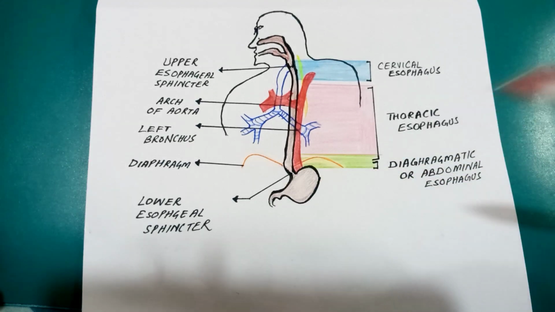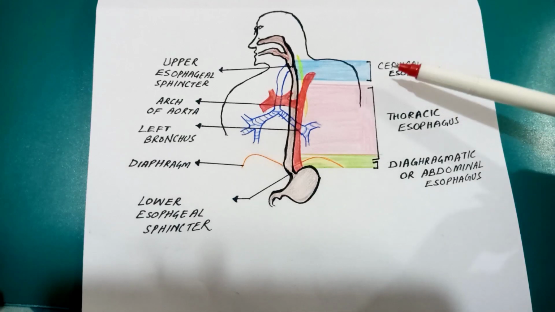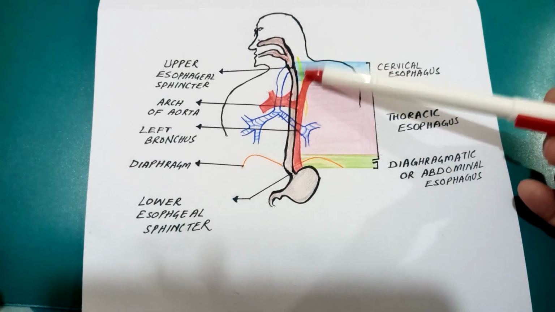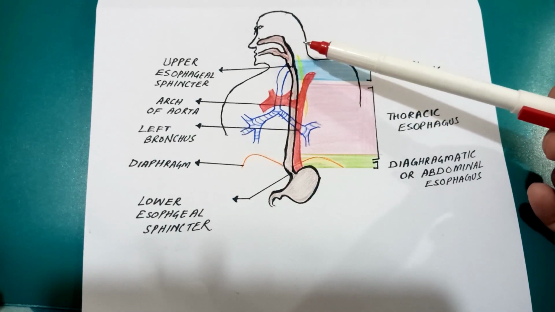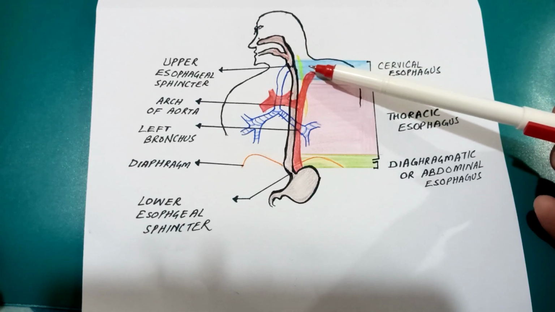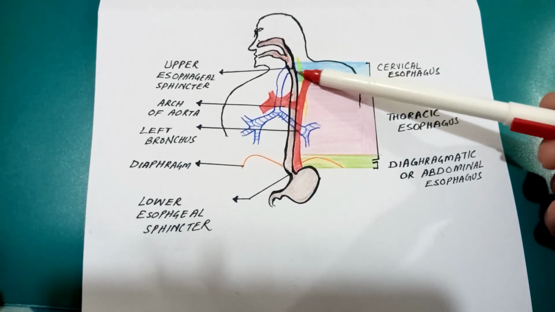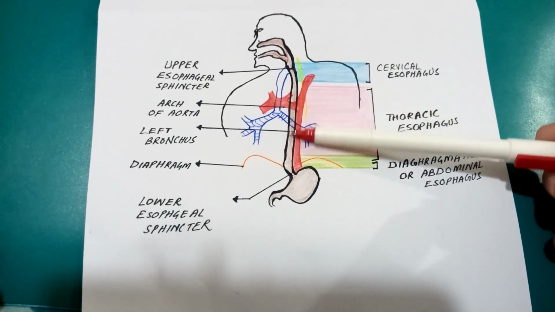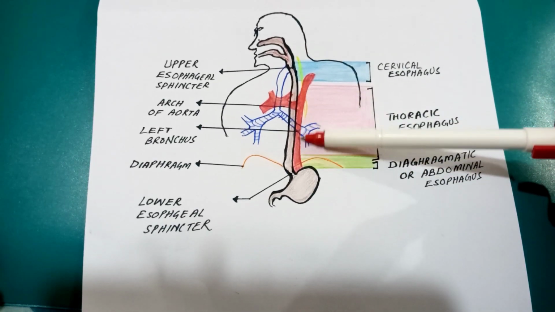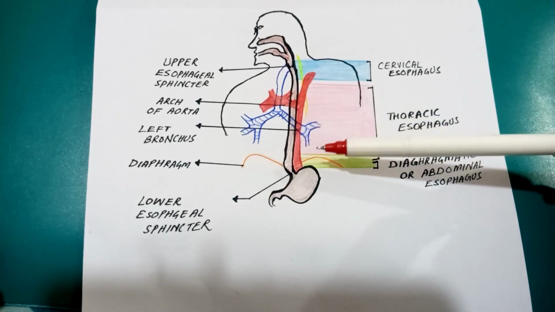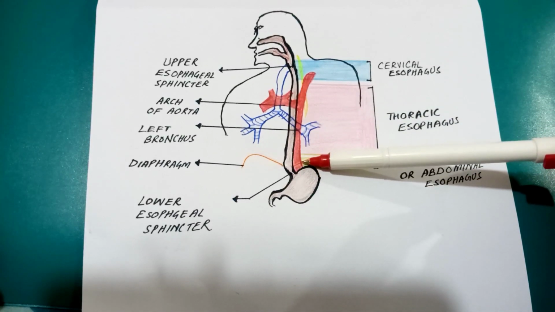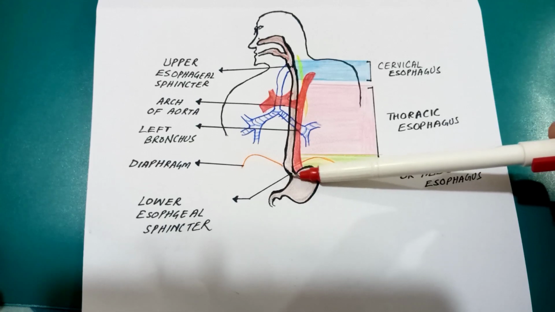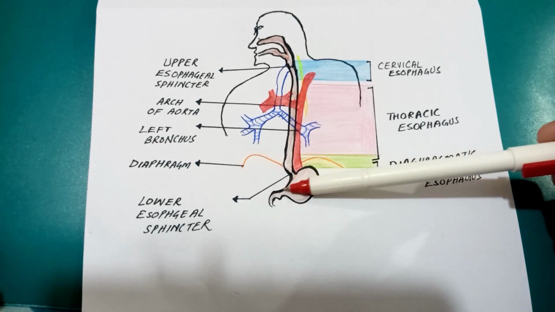Now, the arterial supply of the esophagus. The cervical esophagus lies above, behind and below the thyroid cartilage and thyroid gland, so it is supplied by the inferior thyroid artery. The thoracic esophagus is supplied by branches of the thoracic aorta, and the abdominal esophagus by esophageal branches from the left gastric artery.